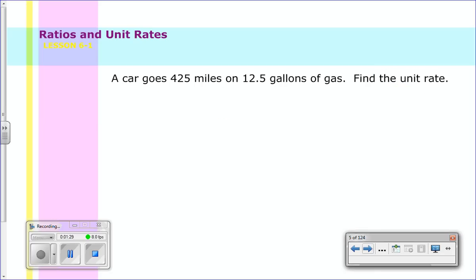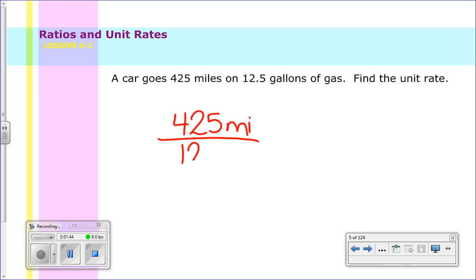A car goes 425 miles on 12 and 5 tenths gallons of gas. Find the unit rate. Well, first, we need to find the rate. We know a car can go 425 miles over 12.5 gallons. Again, we're comparing two different units, miles per gallon, so that's why it's a rate.